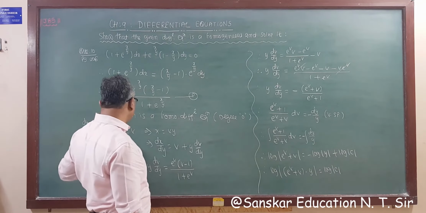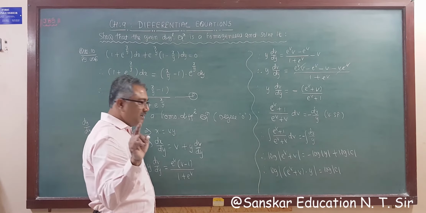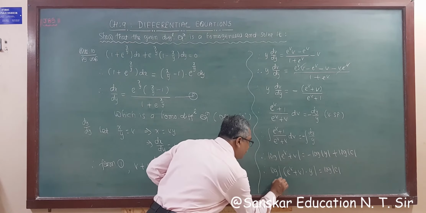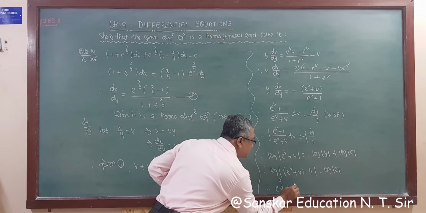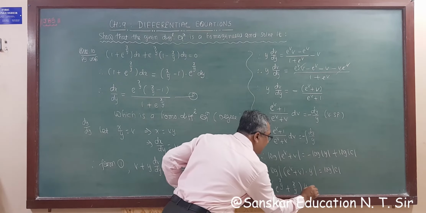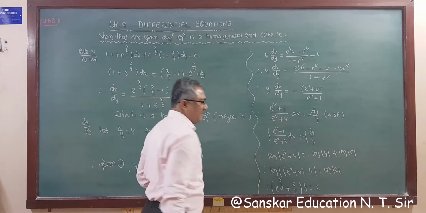Now log is a one function, so removing log function and substituting v. V is here x by y, right? In this particular example, so we get (e^(x by y) plus x by y) bracket over y is equal to c, right?